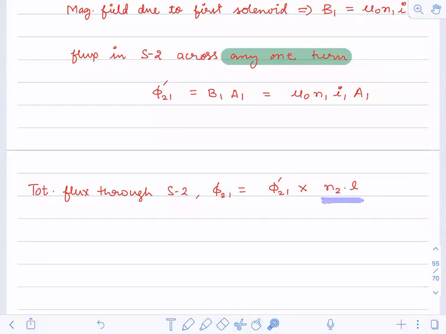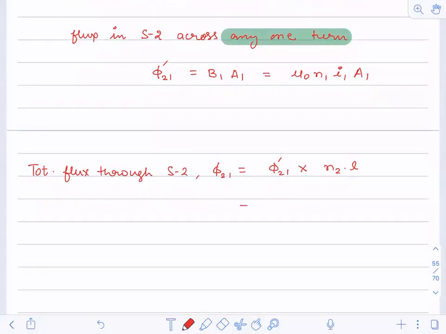Okay. So just substitute the value of flux 21 dash here. So what you will have now? Mu naught N1 I1 area of 1 N2 L. So if I rearrange this formula, I'm getting mu naught N1 N2, I'm keeping it separate.